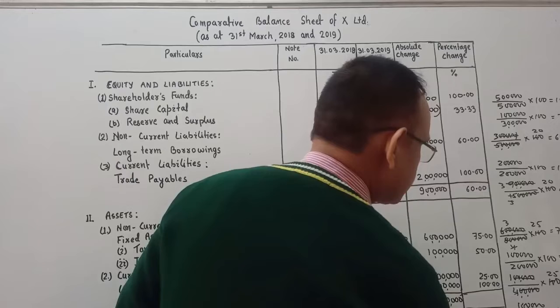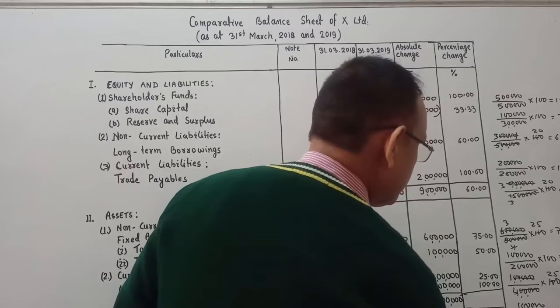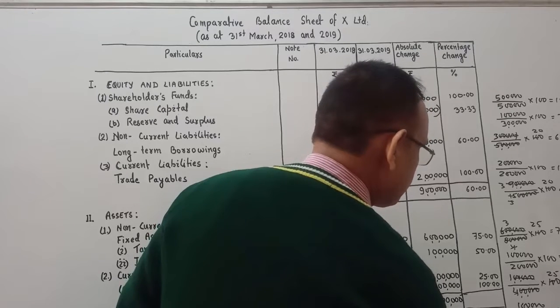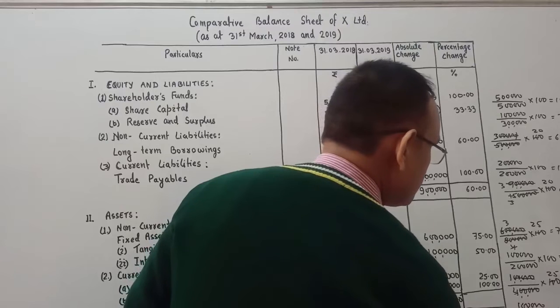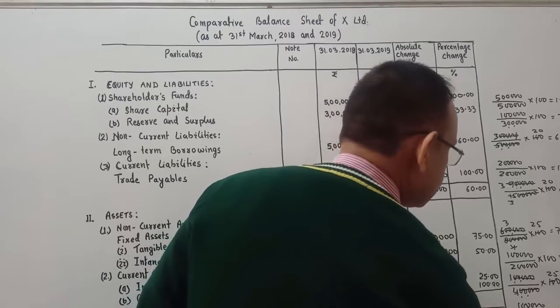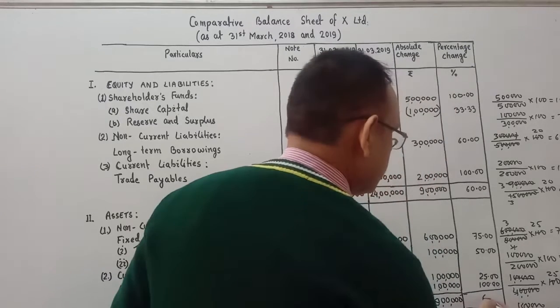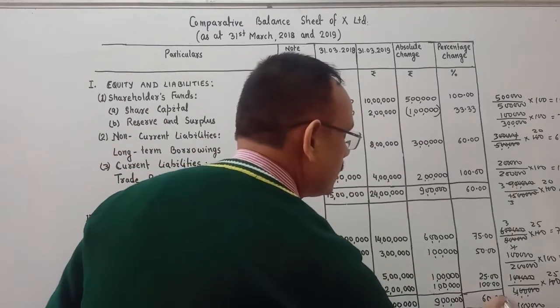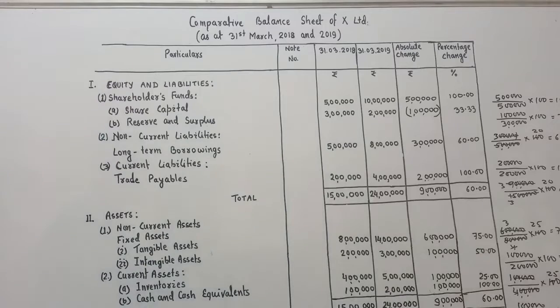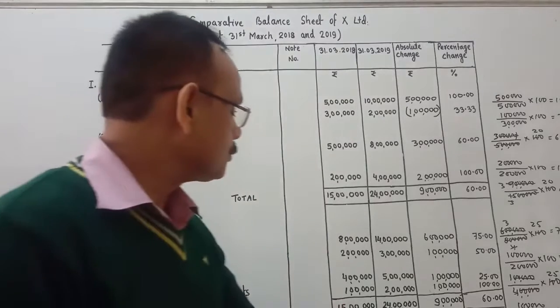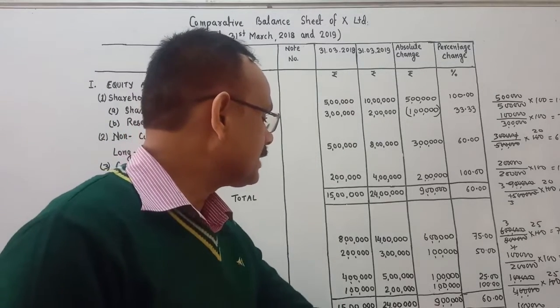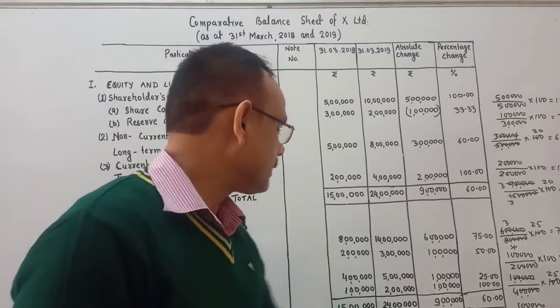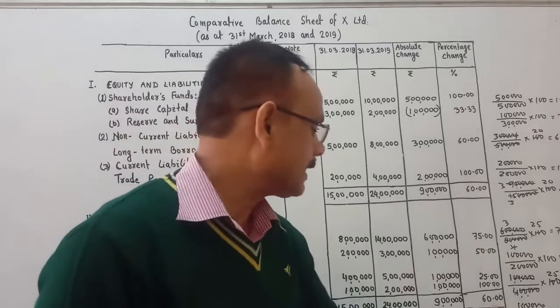So 9 lakhs upon previous year figure, 15 lakhs, into 100. So it is 60%. 60% is the total change. 15 lakhs to 24 lakhs, so it is increased by 9 lakhs. So 9 lakhs upon previous year figure into 100.